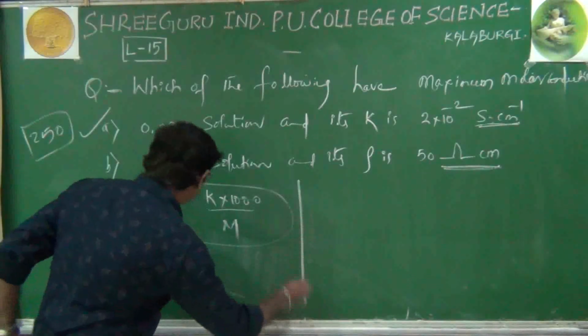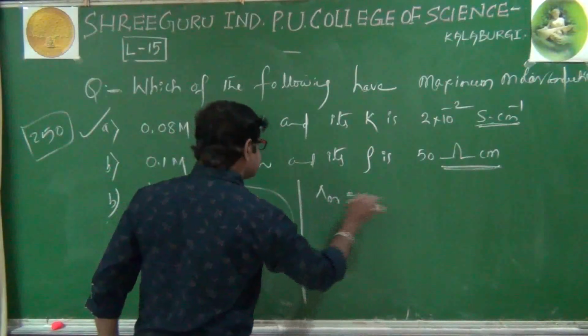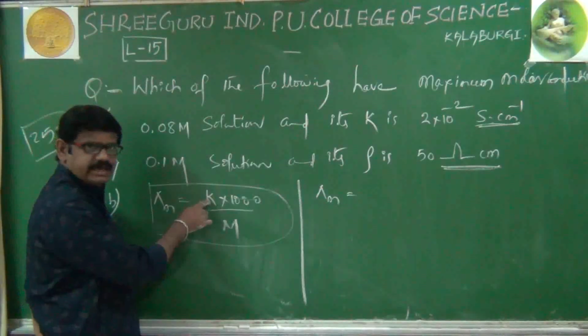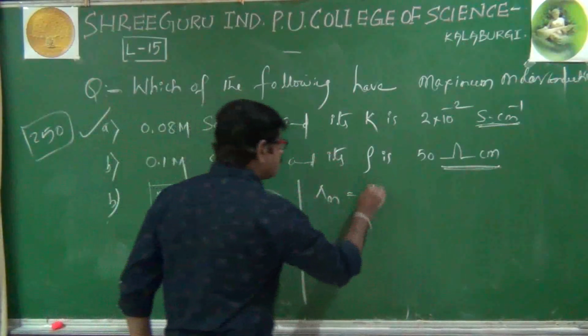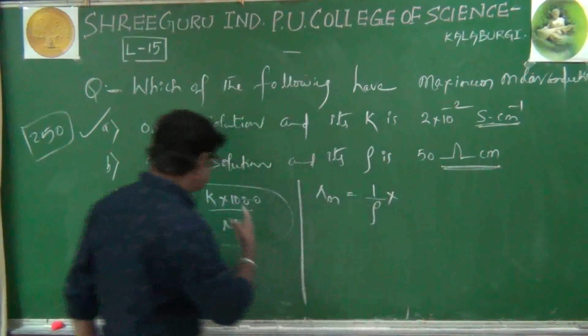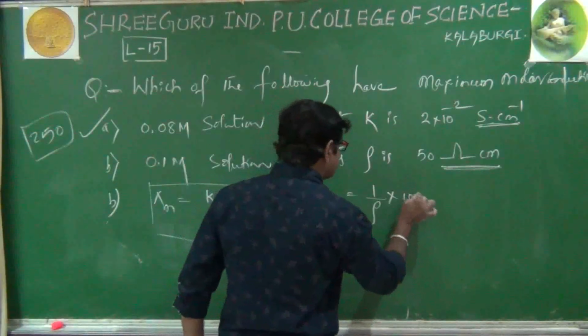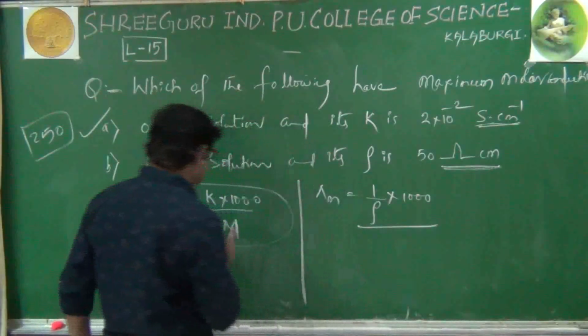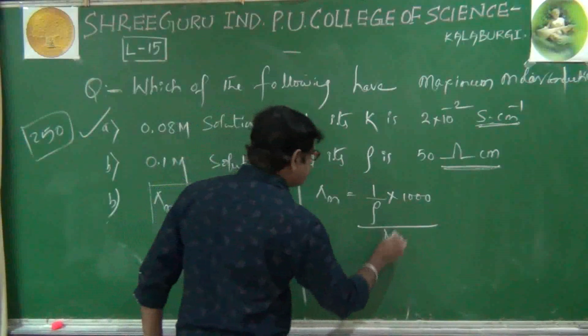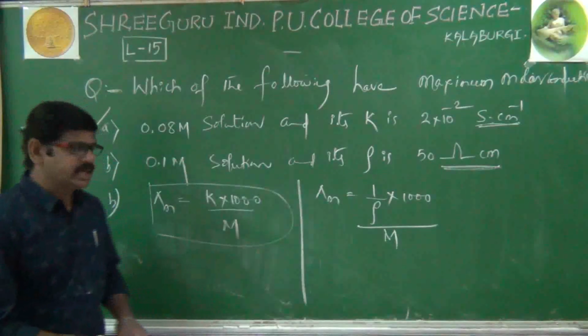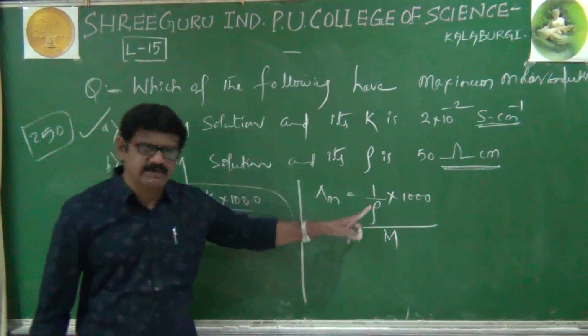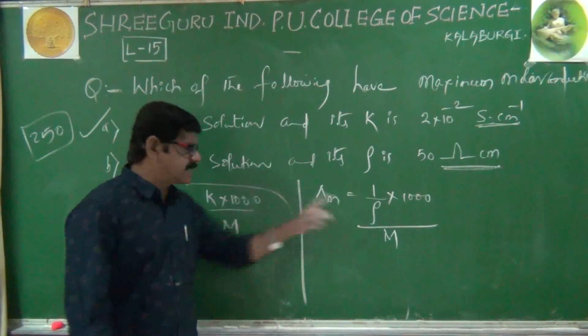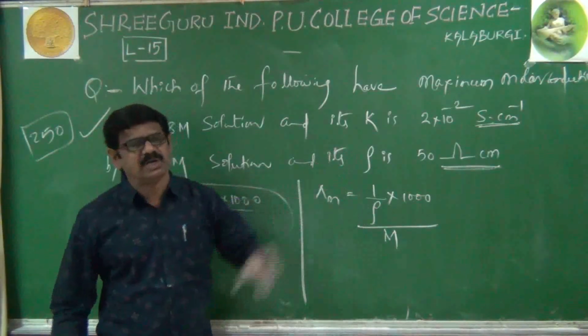Therefore, what I am doing here: lambda m is equal to, instead of k, I will write 1 by rho, into 1000 divided by M. M is nothing but molarity, of course. Instead of k, I will write here 1 by rho, because k as well as rho are reciprocal to each other.